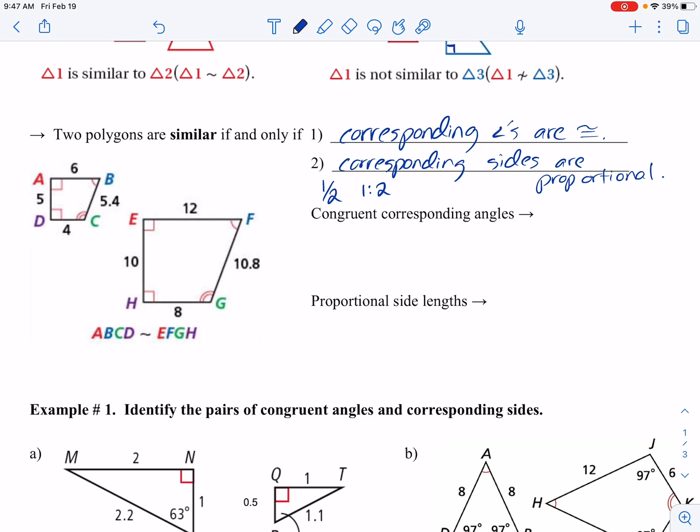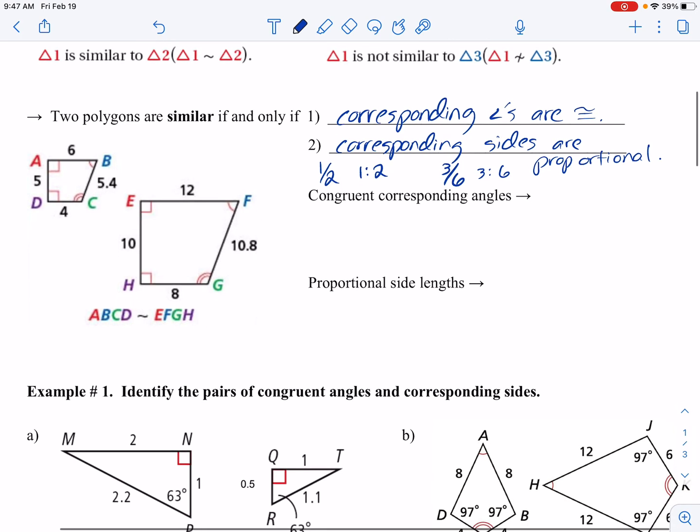If we went to another pair of sides, their side lengths were 3 to 6, which also simplifies down to a ratio of 1 to 2. So they're all proportional. They all have the same ratio of their corresponding sides.